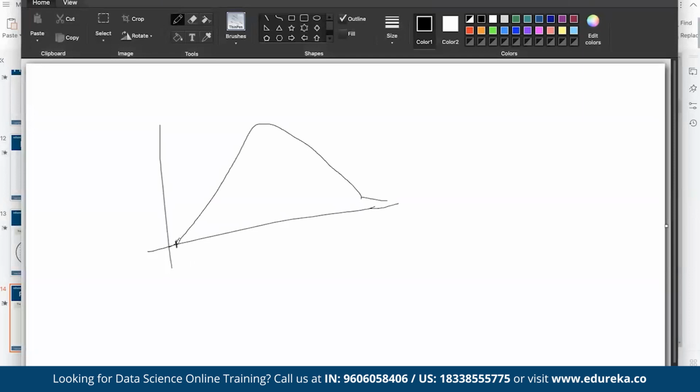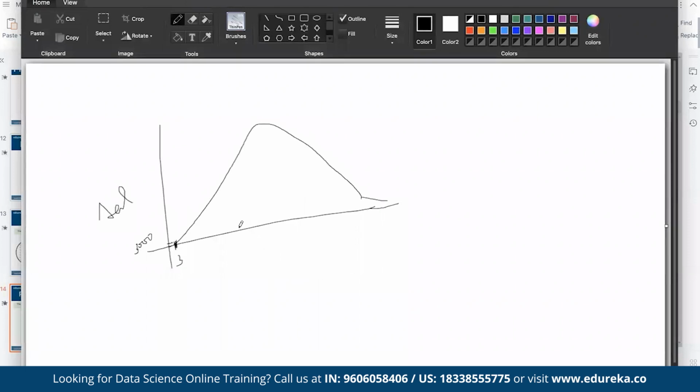You'll see very few people in the company, maybe 3 or 4, having a very low salary, maybe 1,000 rupees or 5,000 rupees per month. This is salary. And this is number of employees. Let me go the other way around.